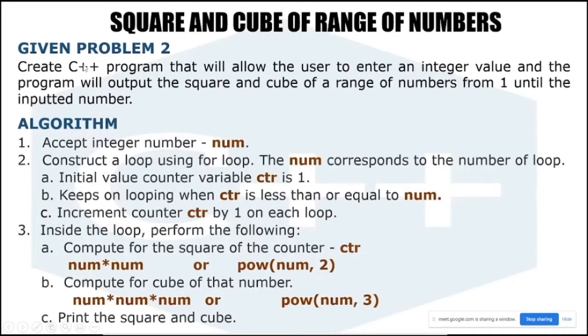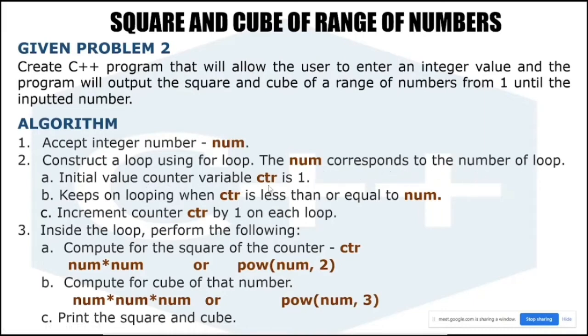For problem number 2, I'm going to create a C++ program that will allow the user to enter an integer value, and the program will output the square and cube of the range of numbers. So this time, we will compute for a range of numbers. For this problem, I will be using a for loop starting from 1 until the given number. So the input number num corresponds to the number of loops.